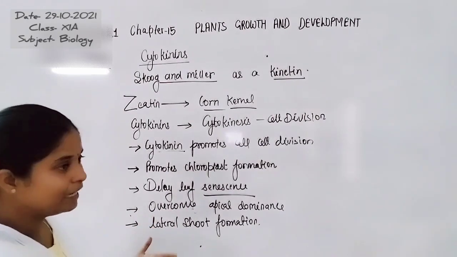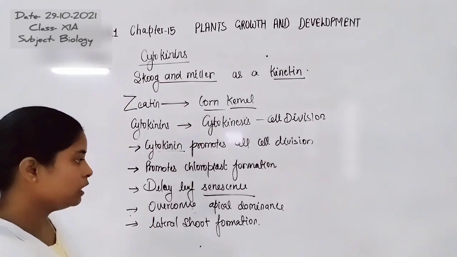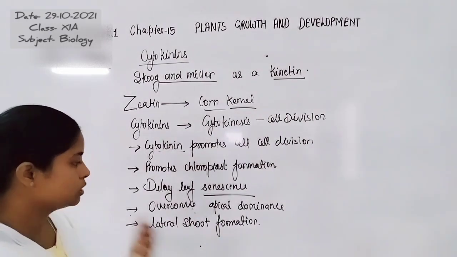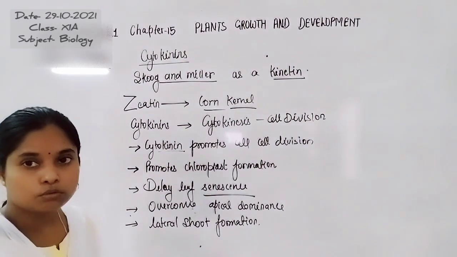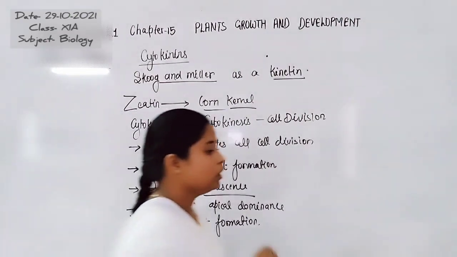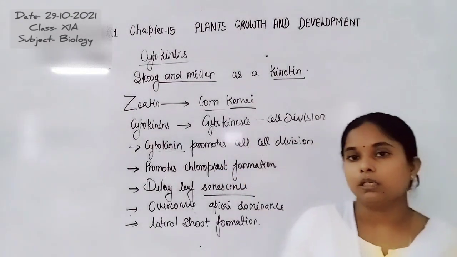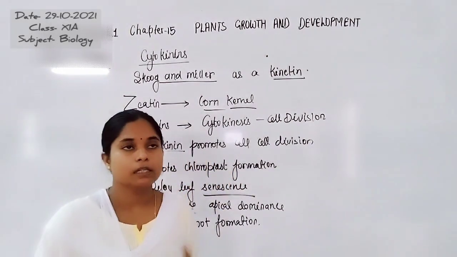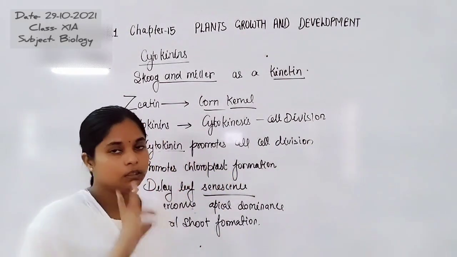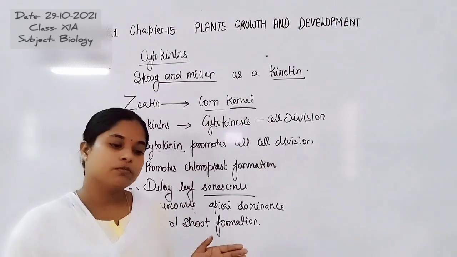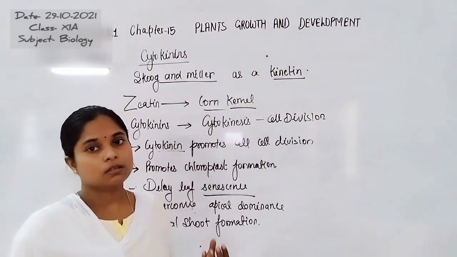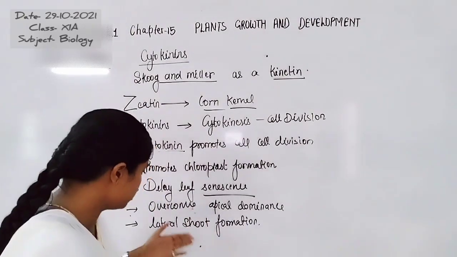Now, they overcome the apical dominance. Apical dominance is created by the auxin. Auxin present in the shoot carries out shoot elongation, and due to this the plant does not give rise to lateral branches. If we cut the shoot apex, then after removal of auxin the plant gives rise to lateral branches.